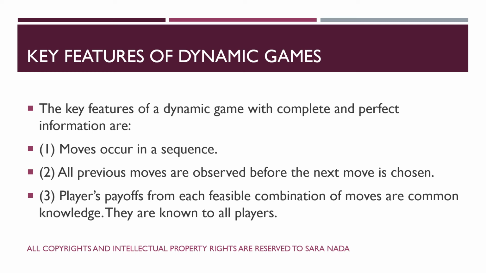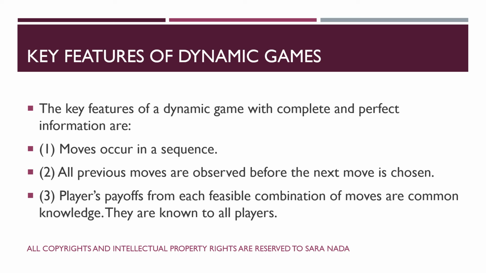Now let's explain what the key features of dynamic games are and state them. A dynamic game with complete and perfect information has three key features. The first key feature is that moves occur in a sequence. As we said in our simple example, we had two players. One player moves at the first stage, and then the second player waits until the first player takes his action and he observes the action chosen.